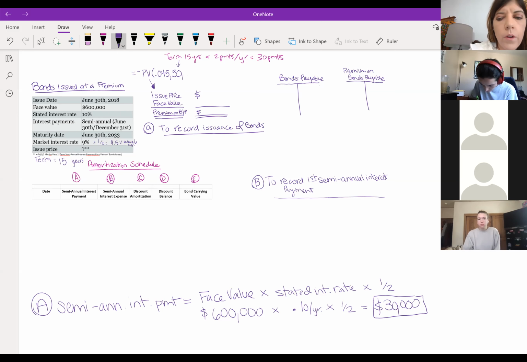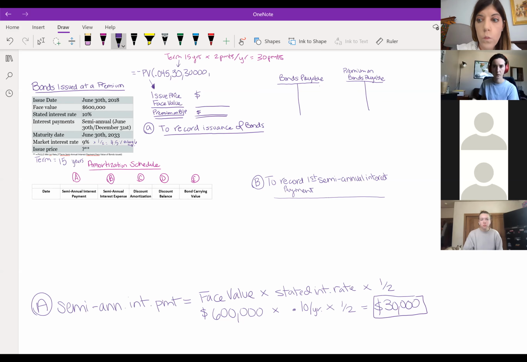And we're going to put just 30,000 right here. No commas, no dollar sign. What's the last number in our calculation? So right here, we've included our market interest rate.